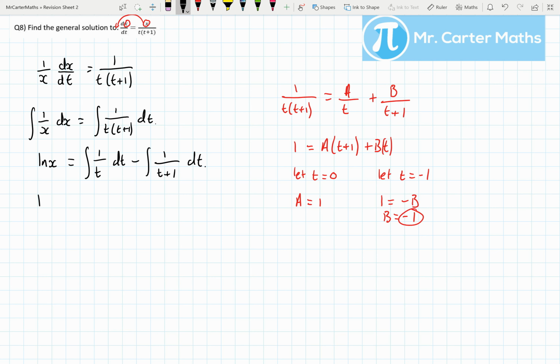So ln x equals, 1 over t integrates to ln t, minus ln of t plus 1. I don't need to worry about bringing any factor out. My thought process here is, does my denominator differentiate to get my numerator?